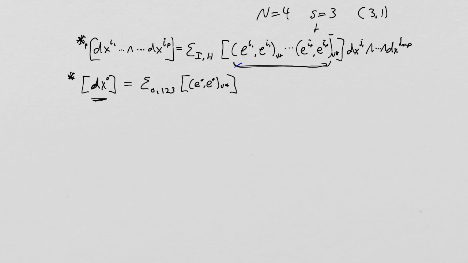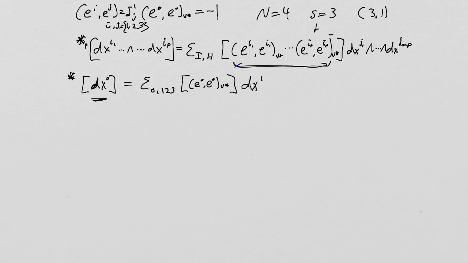So that's important because in our pseudo-Riemannian metric, we're going to take E0, E0, V star. That's the one that equals -1. The rest of them, EI, EJ equals delta IJ, where I and J are from the set 1, 2, 3, right? So this is the one that actually equals -1.